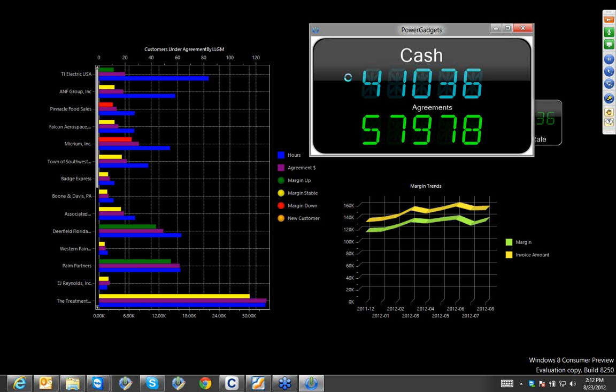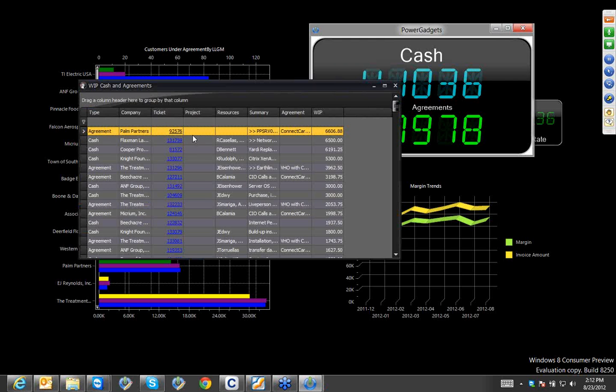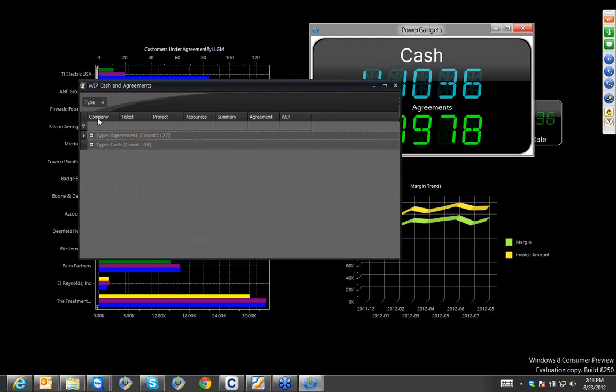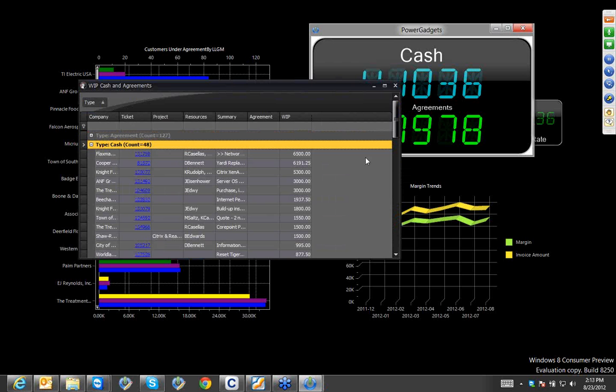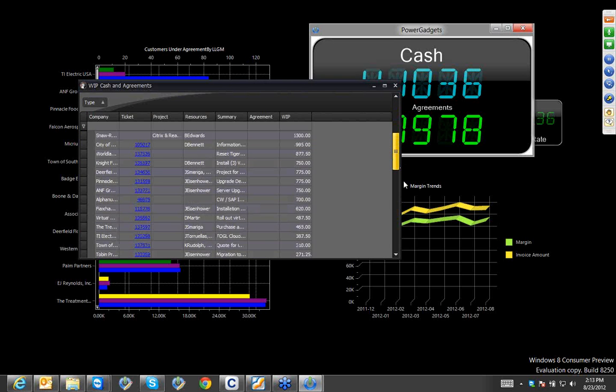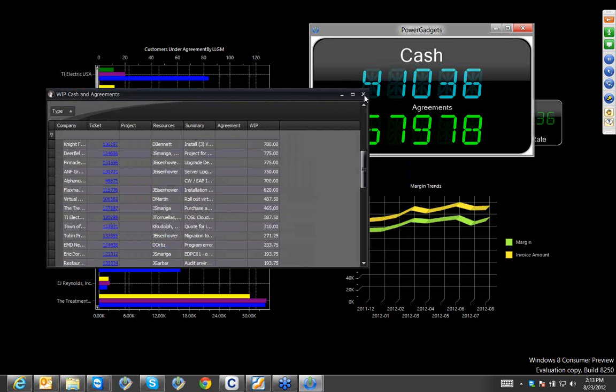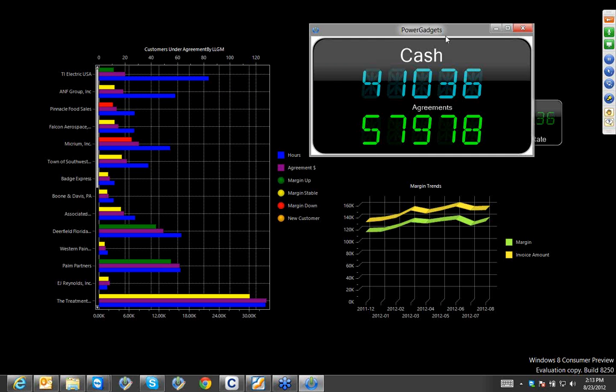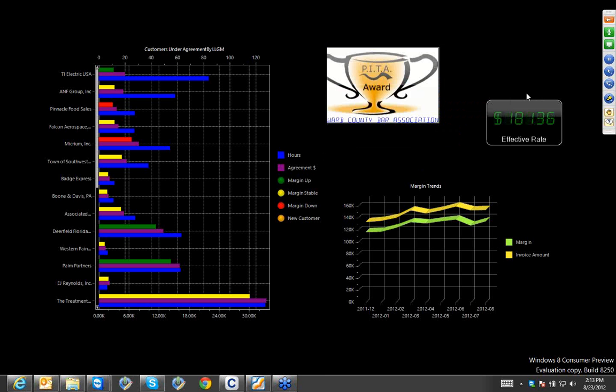And again, like in most of the agreements, I can drill into it and get a good idea of where that cash is coming from, who those customers are, what those dollars are, and what tickets are going to be generating that $40-some-odd thousand in cash. All right, let me close that down.